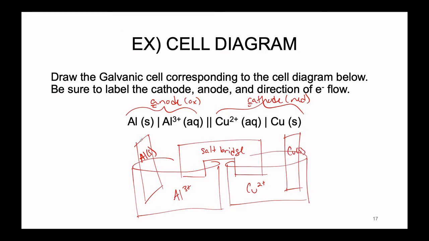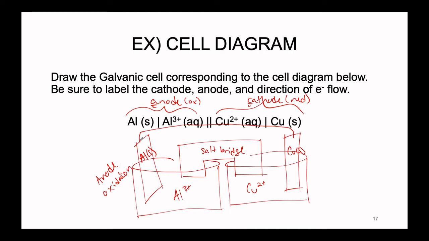All right, we're going to connect these two electrodes via a wire, and since the anode is on the left, this is where, again, oxidation occurs, where oxidation is the process of electrons being lost.